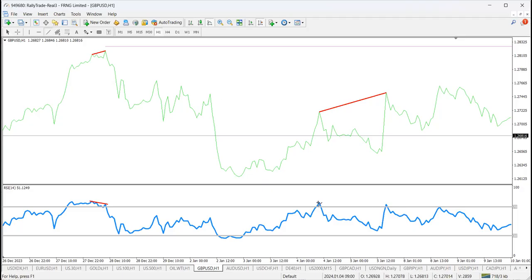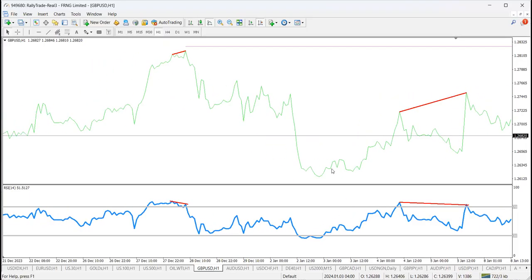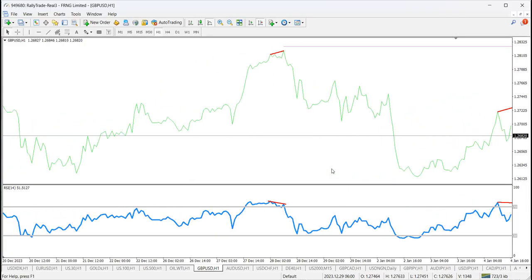You understand? Now, you have many examples here that have shown us divergence, comparing the high of your chart and the high of your RSI, comparing the low of your chart and the low of your RSI. You can use the RSI divergence to get very, very profitable.